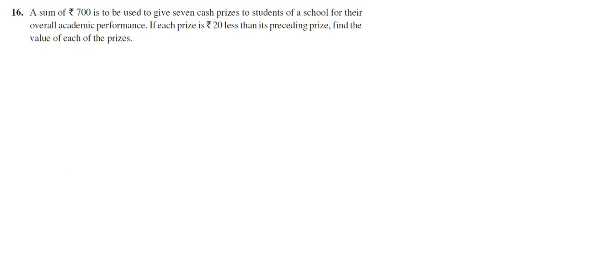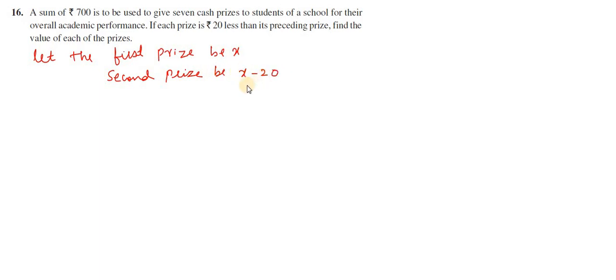We can do this in different methods. Let the first prize be x. The second prize will be x minus 20.